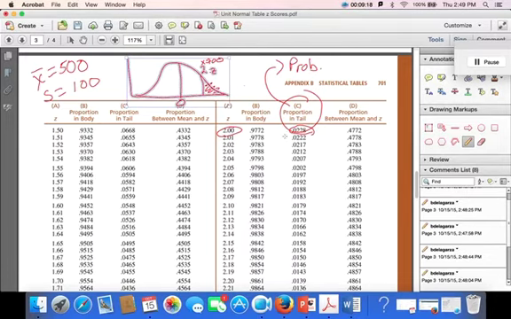So how did I come up with that number? Again, I went through the column, and I found my z-score that corresponds to my raw score. In this case, it's a value of 2. I find the proportion in the tail, because remember, this is now going to be considered the tail. This is the body, right?